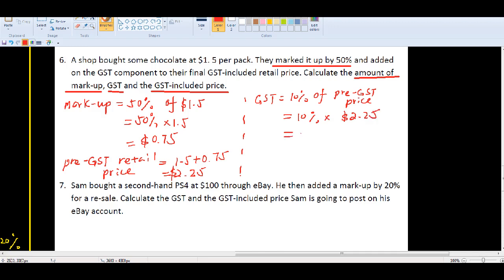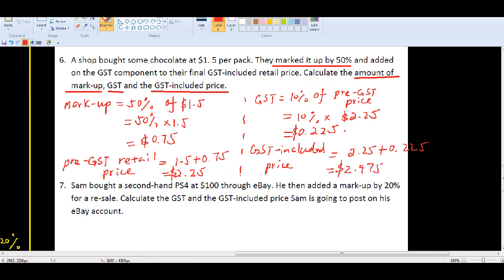Lastly, you need to find the GST included price, which will be 2.25 plus 0.225, which is $2.475.